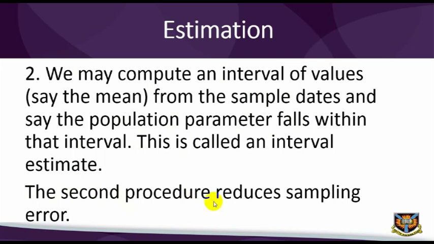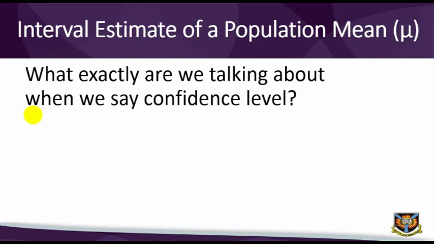The second procedure is more preferable because it gives some room for freedom from making a wrong prediction about the population parameter, that is, it reduces sampling error. Consider the two statements below. 1. The average income of some selected employed graduates is 22,000. 2.